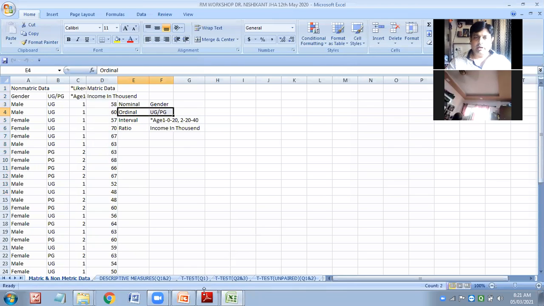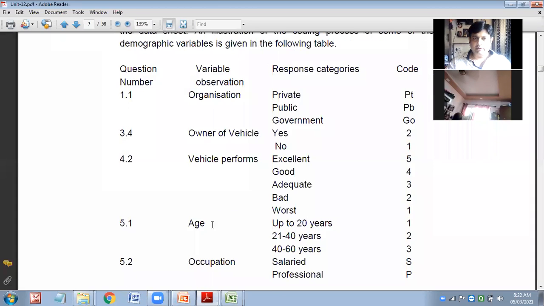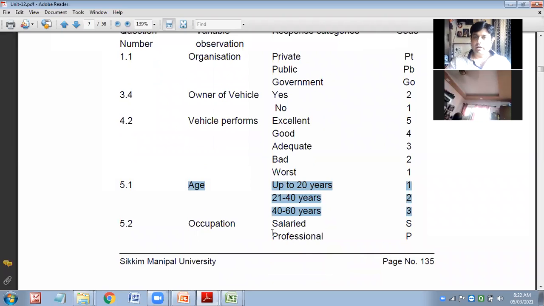Now let us talk about interval data. Here we have an example of interval data. These are interval data. Age hamne kaise pucha hai? Interval mein pucha hai. 0 to 20 years is 1. 21 to 40 years is 2. Toh interval mein exact answer nahi hai. Okay. And then we have asked occupation, salaried, professional, etcetera. Again ye nominal mein aa gaya.